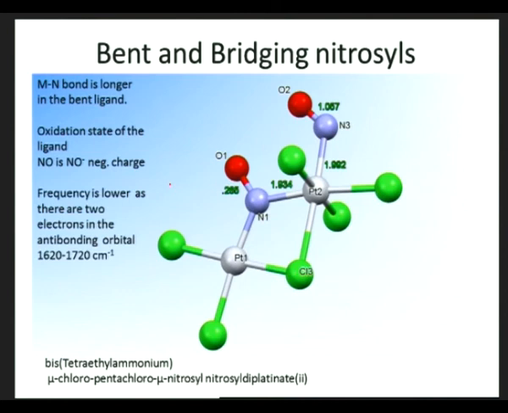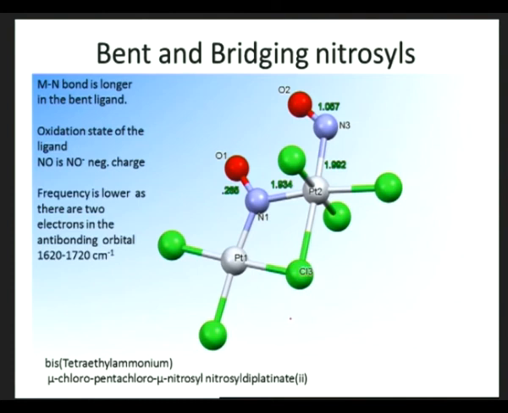And you can see that this is a unique example. Not many examples of this type of bridging and bent nitrosyls are known, but this is one unique example.